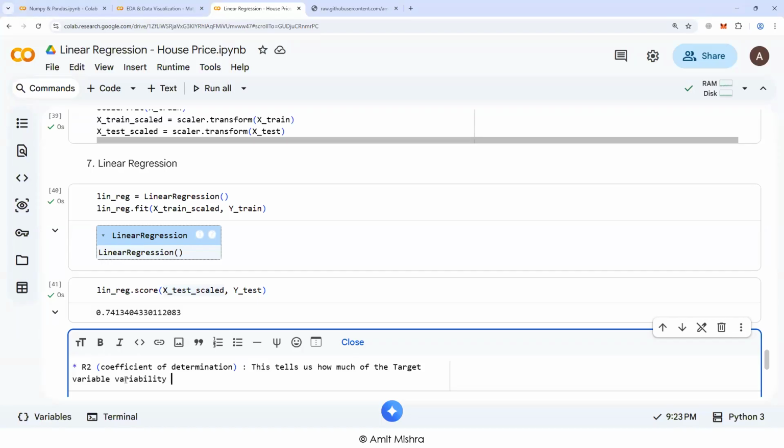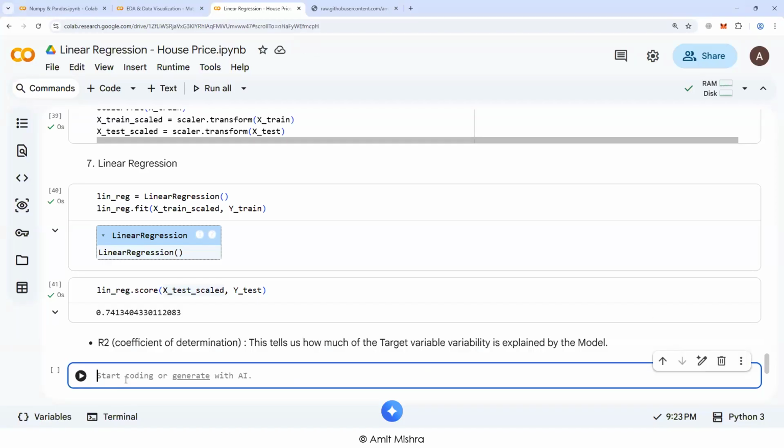This is your coefficient of determination. This tells us how much of the target variability is explained by the model here.